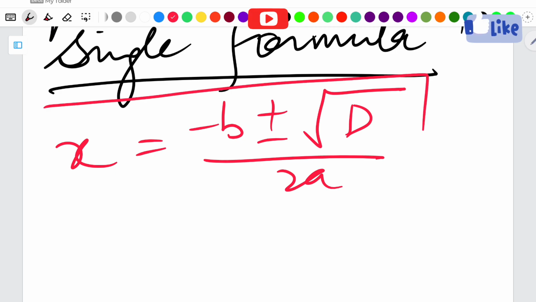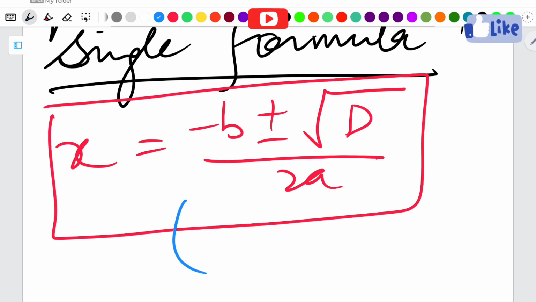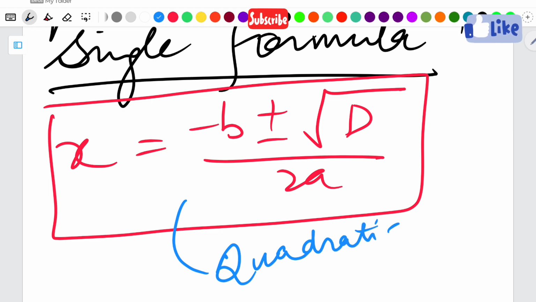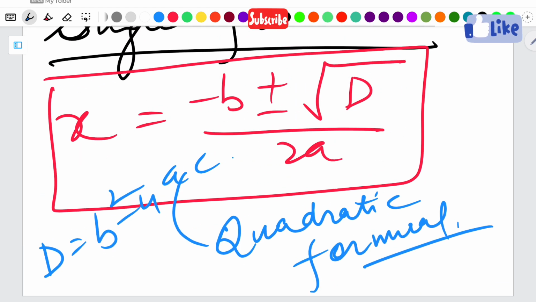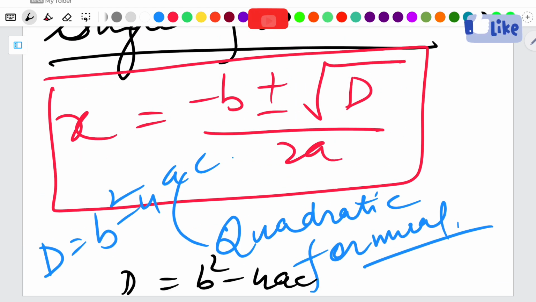This formula is known as the quadratic formula. And the value of d is b square minus 4ac.